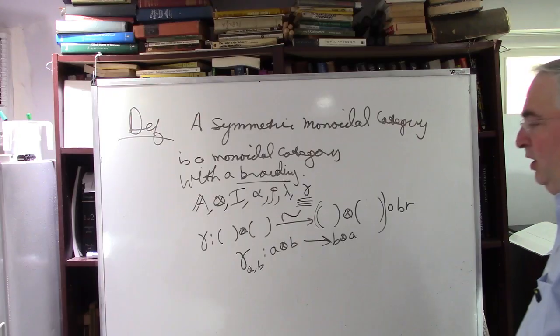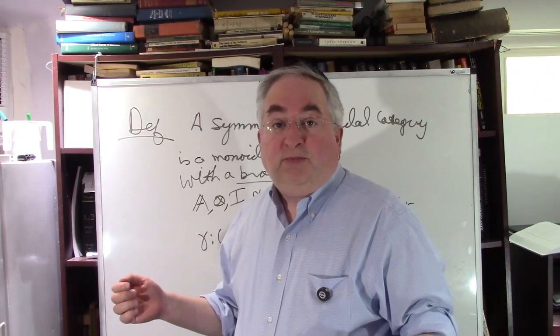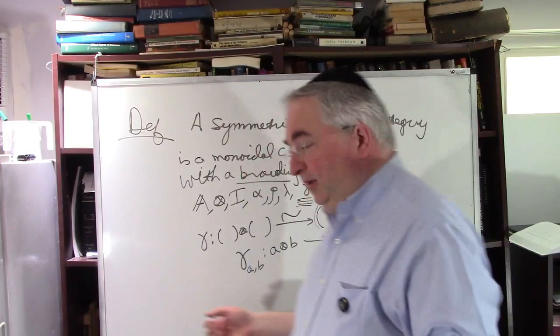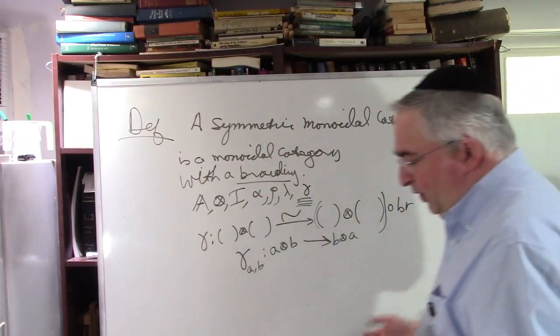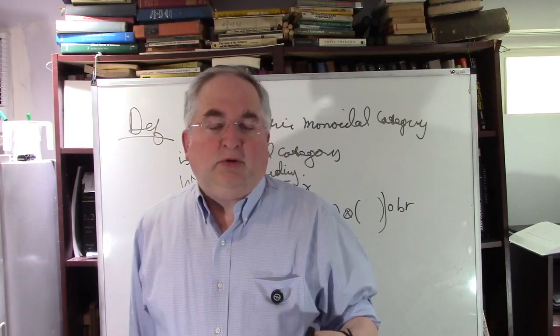So we added in a new natural transformation, and we have to talk about what this new natural transformation deals with. We have a new operation, this braiding, and we want to see how it gets along with the other things.